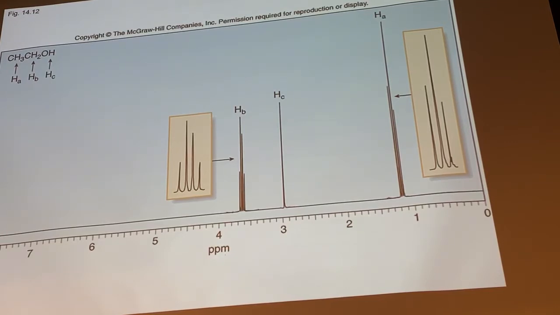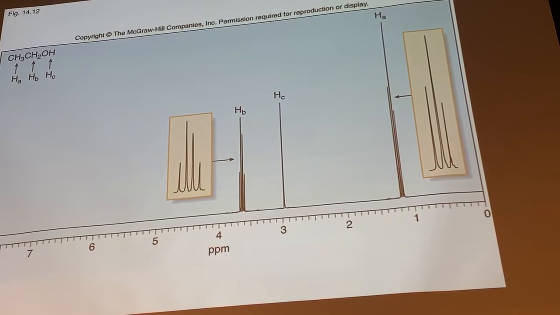And those protons themselves do not feel the impact of the neighboring spins. They're just not on an individual molecule for long enough. So we do not see splitting in those cases. Okay? For reasons we don't get into, those OH and NH peaks are usually broader, fatter than what we see in this particular spectrum. But they are singlets. They don't undergo splitting. Okay?